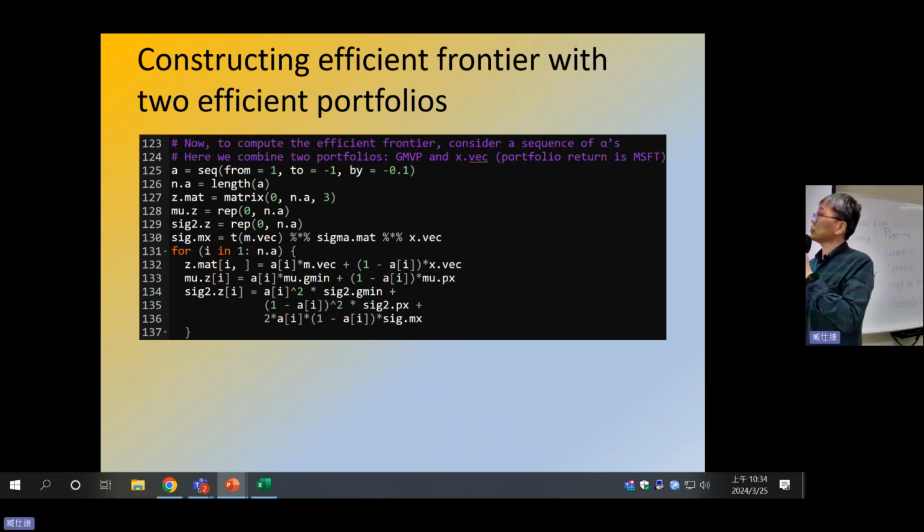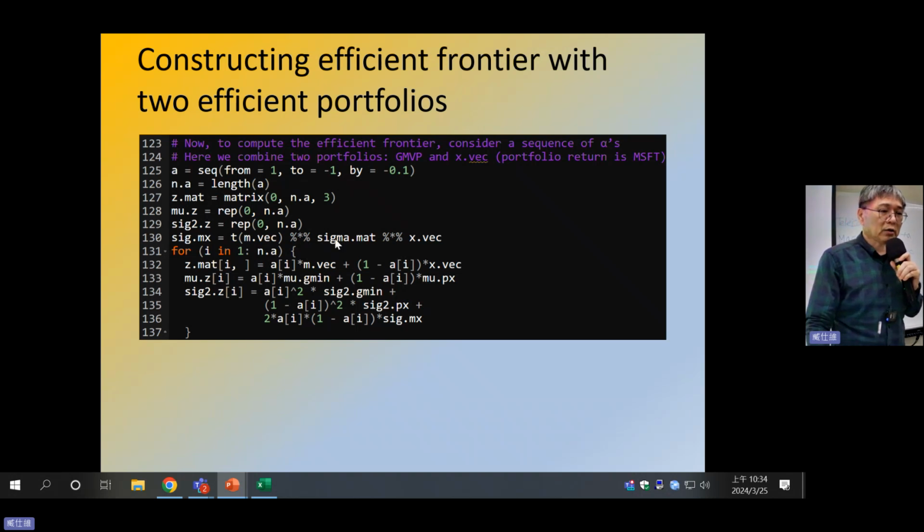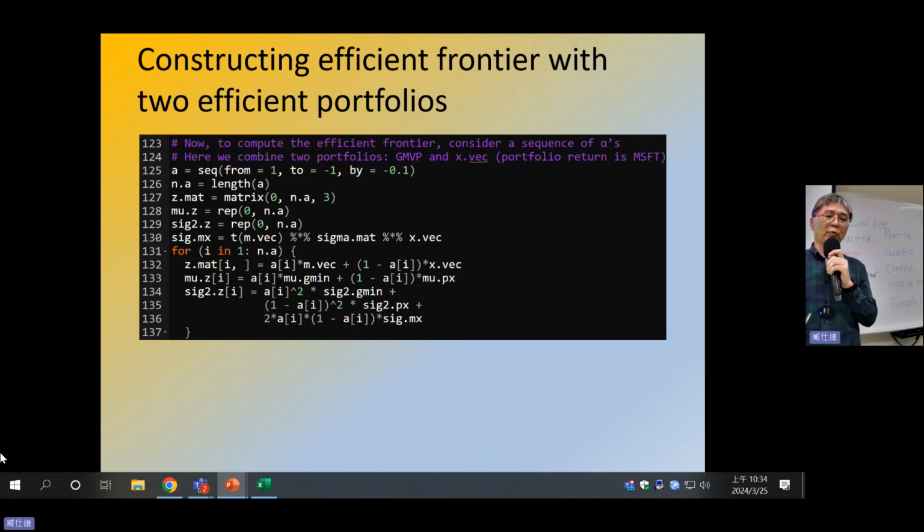So now you can see here, we generate a sequence in which A denotes the alpha in our equation. Okay, A is alpha. So alpha starts from 1 to -1, and the interval is negative 0.1.